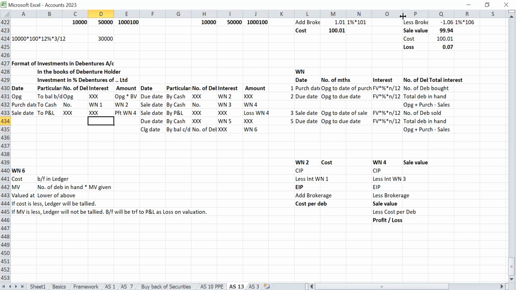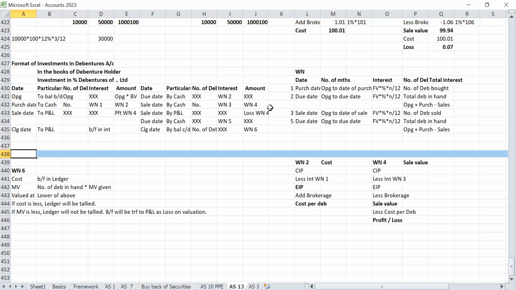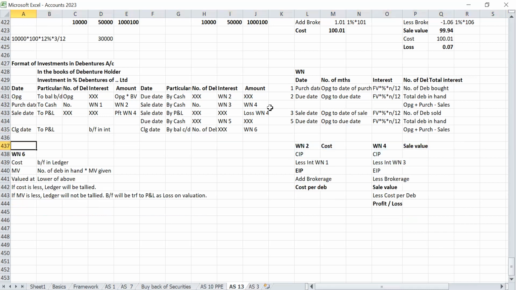And last, interest: whatever balancing figure is there in interest should be transferred to profit and loss account. So this will be the total concept behind the investment in debentures. Extra, only one concept is there that we will discuss later.